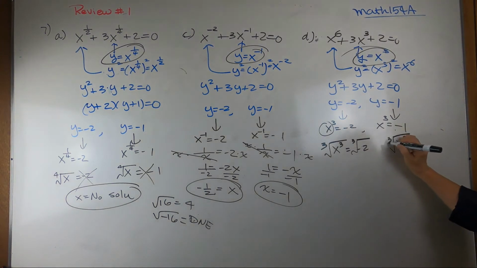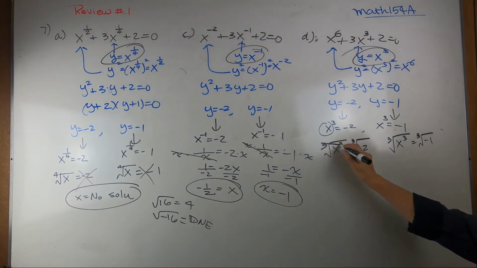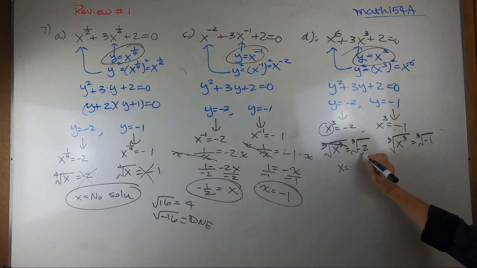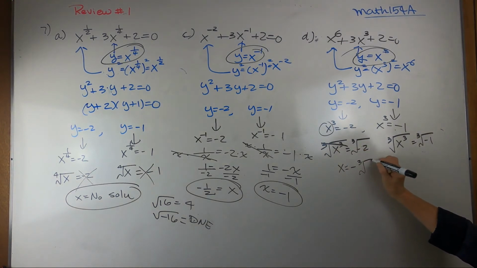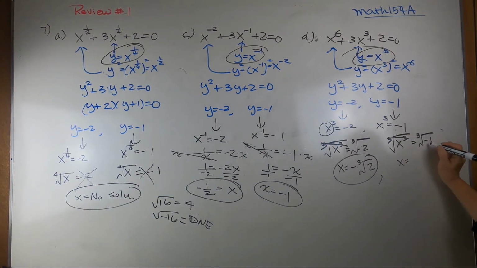For odd roots, you can do that, right? So this one cancels. X equals what? We don't leave the negative number inside the radical, right? For negative, you can take it out because it's an odd root. So one of the answers is this one. So this cancels, and the cube root of -1 is -1.